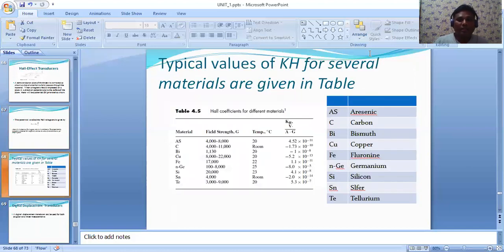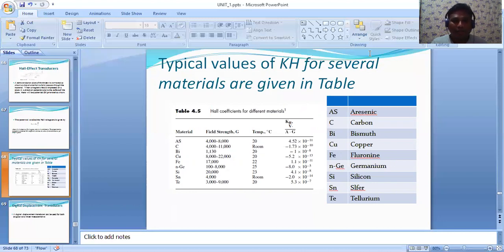Next, in this table, some Hall coefficients for different materials are given. Nine materials are given, and their field strength B is given, then temperature is given, and finally the last column gives KH, the Hall effect constant for the particular material.